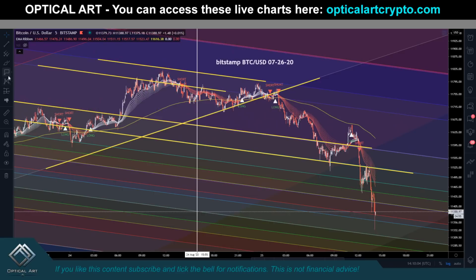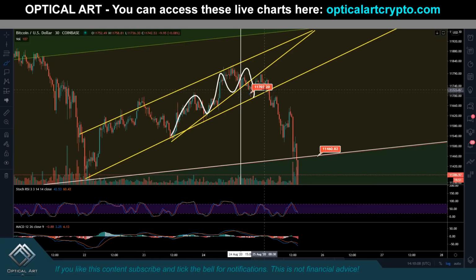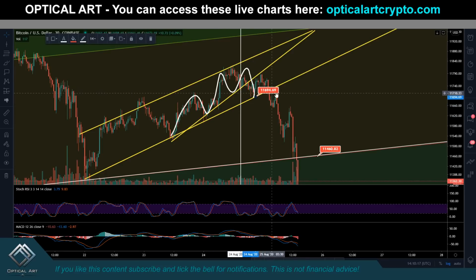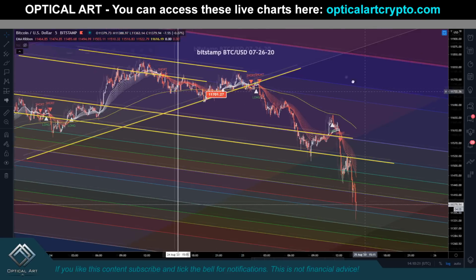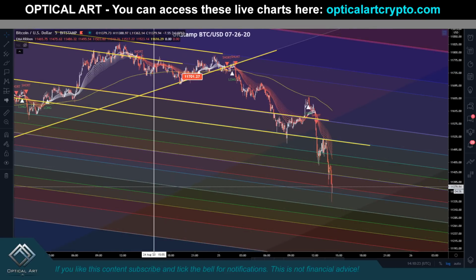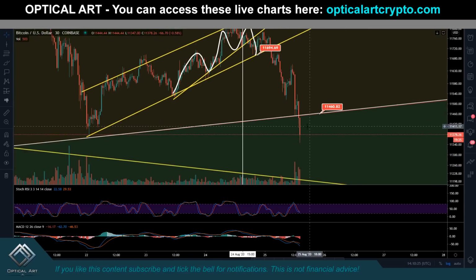Right here is 11,700, and that goes along with this chart showing that this is potentially our support, showing that we're in this parallel channel right here. So again, we're moving down. The other thing was, I gave you one way to find your support level, which is this line here. We've already broke below this.